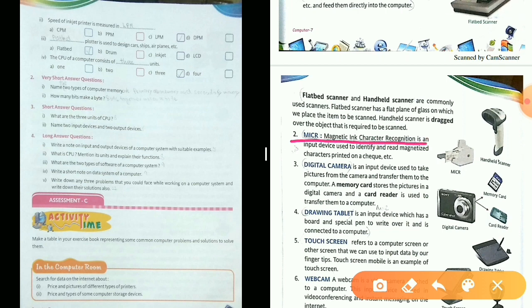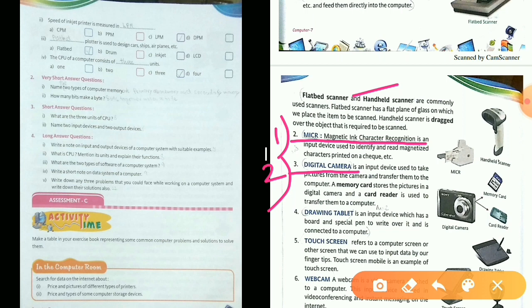Magnetic ink character recognition you write down, as well as digital camera you write down for input devices. Okay, so you will be writing out like this. The two input devices are, first one MICR, and then this magnetic ink character recognition, and then afterwards second point, digital camera. Only the names you have to mention.